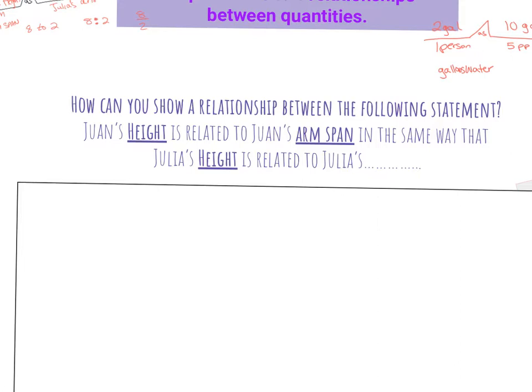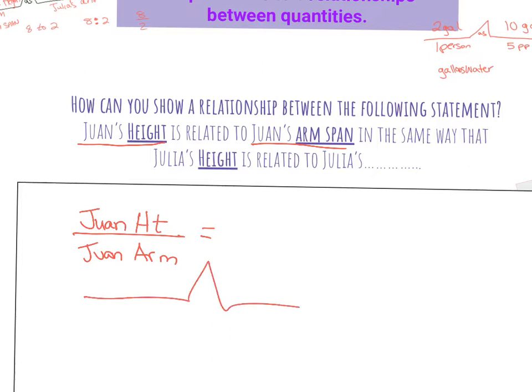Let's start with the idea of Juan's height. How do I write Juan's height is related to the arm span? So I could say Juan's height is to Juan's arm as, that's the as right there, kind of like the thinking, right? As Julia's height is related to Julia's arm.